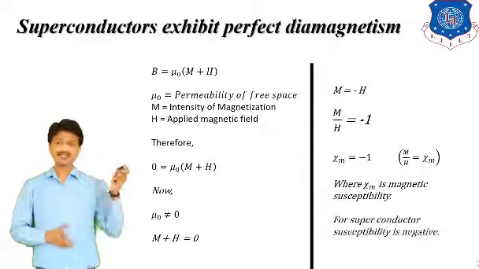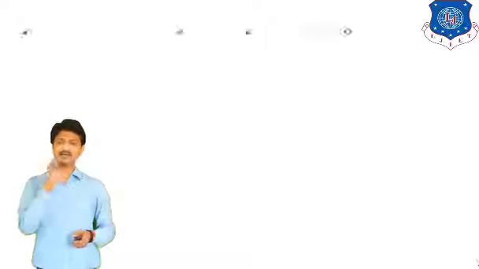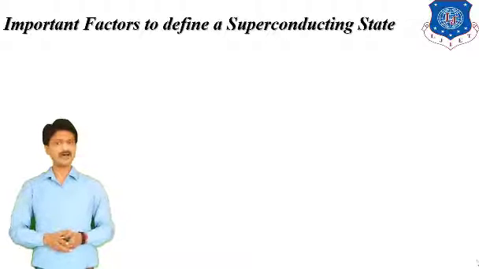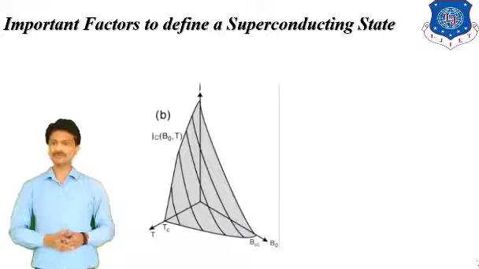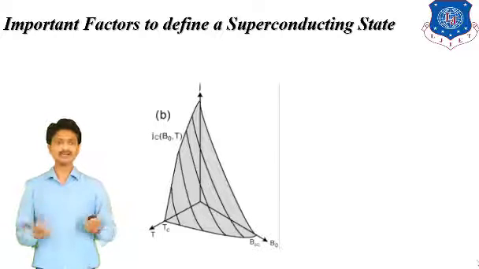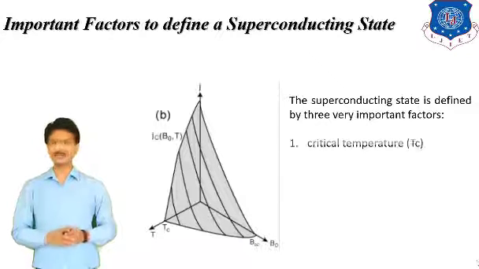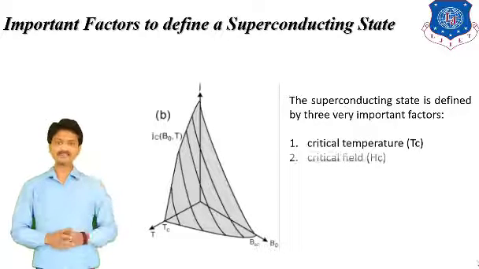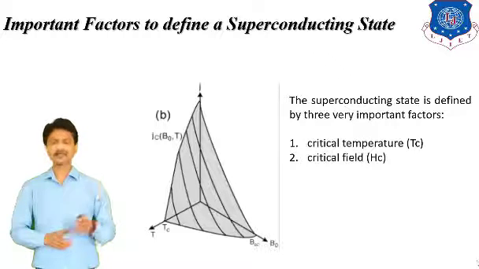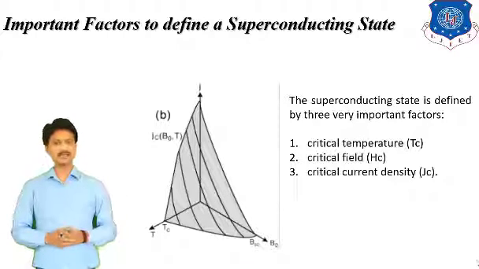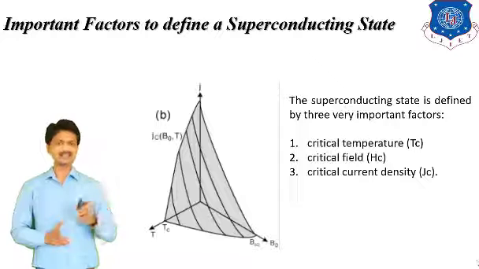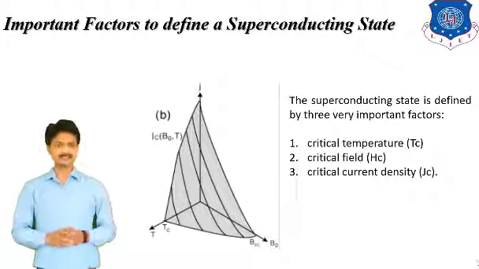Now let's discuss the important factors that define the superconducting state. Here you can see in the figure, the superconducting state is defined by three very important factors. The first one is critical temperature, the second one is critical magnetic field, and the last one is critical current density.